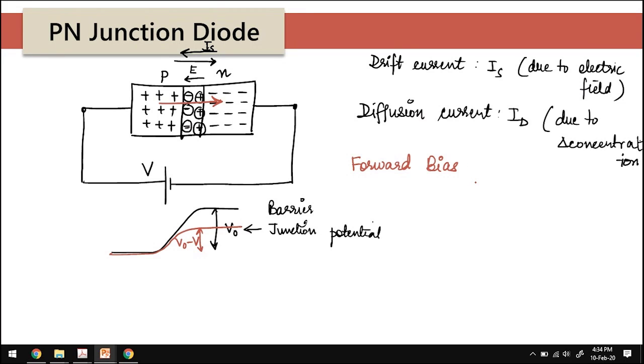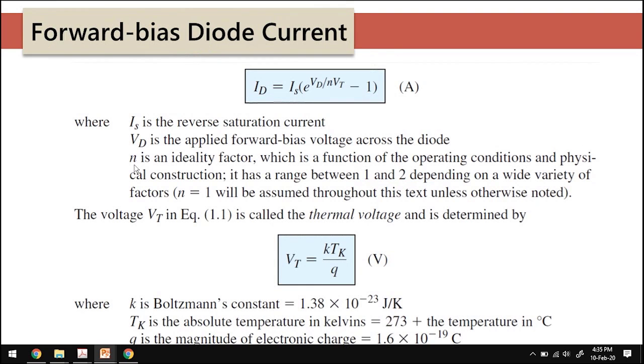In this case, there is a large amount of current that flows, and coming from semiconductor physics, the relationship between the voltage you applied and the current is exponential. It is non-linear, which is why the diode is a non-linear element. This N or eta is called the ideality factor, which is a function of operating conditions and physical construction.